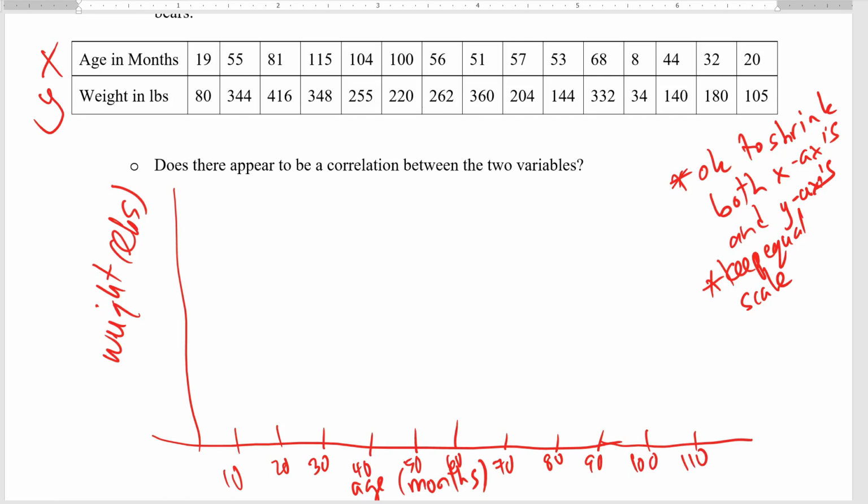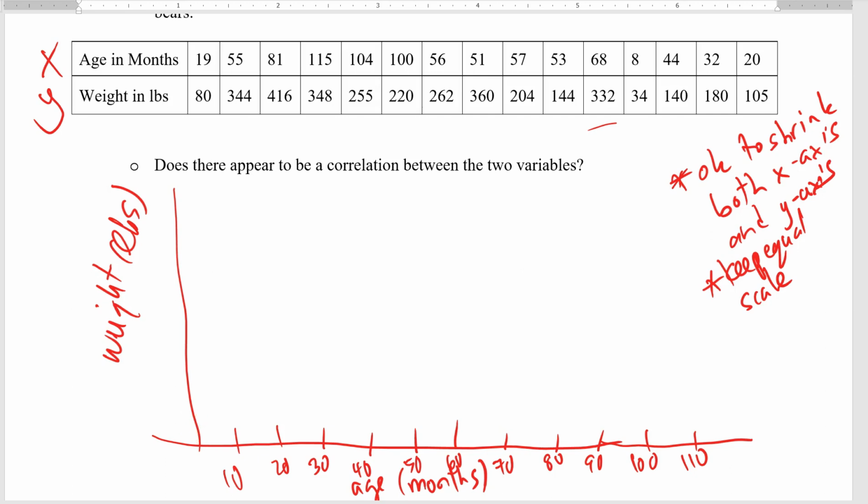For the y-axis, I don't have to start at 0. Since the numbers are smaller, we might be able to do that. The lowest weight we have looks like 34, and the highest is in the hundreds. Okay, so I could sit there and shrink it and start at 34, but since we have numbers that are kind of close to 0, I can start at 0.